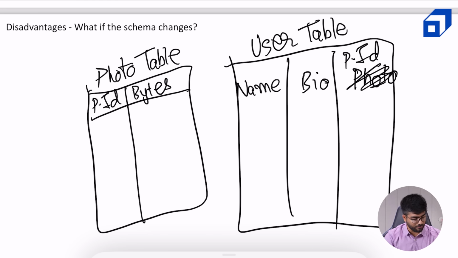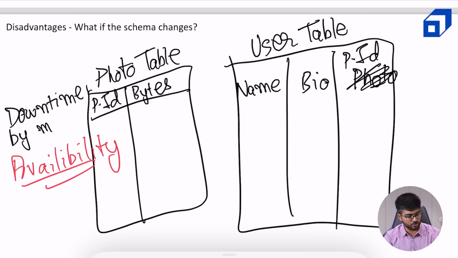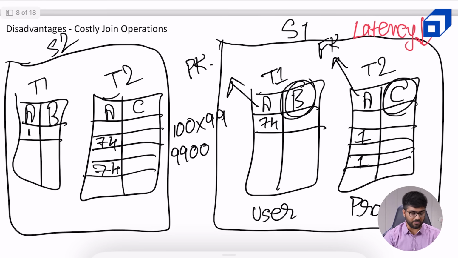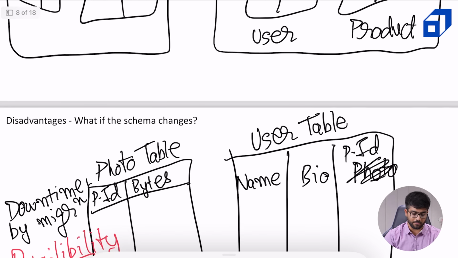So this can also affect the availability of our system, and this can be caused by downtimes due to migration. Until now, whatever changes are occurring as side effects of sharding, we saw a hit on our availability. In the previous example, we saw a hit on our latency. In the first example also, there was a hit on availability itself.